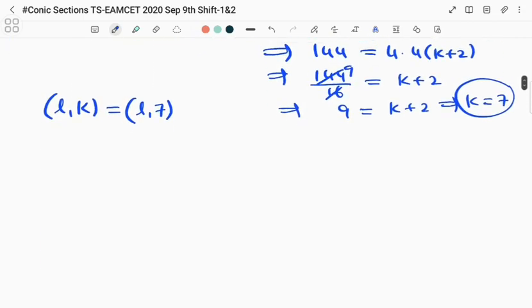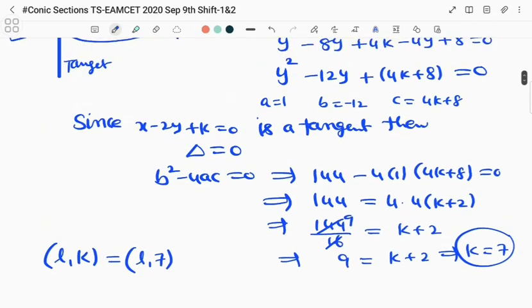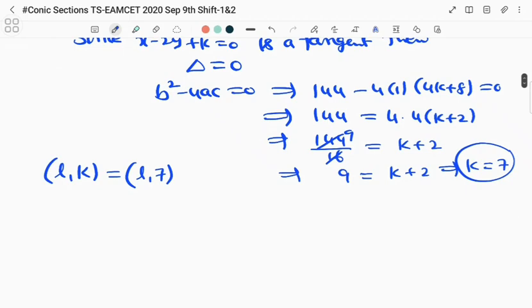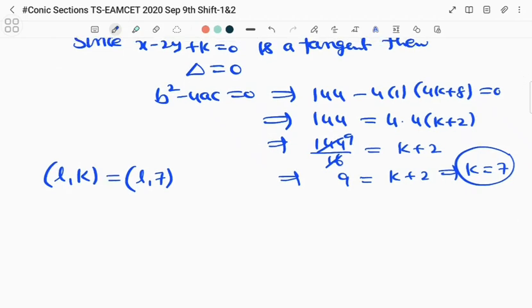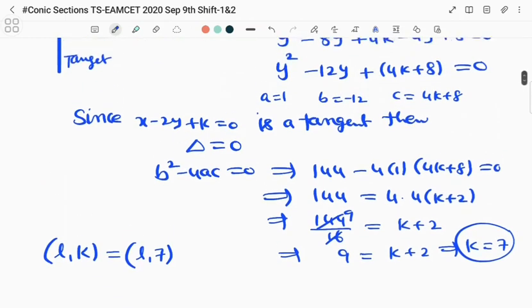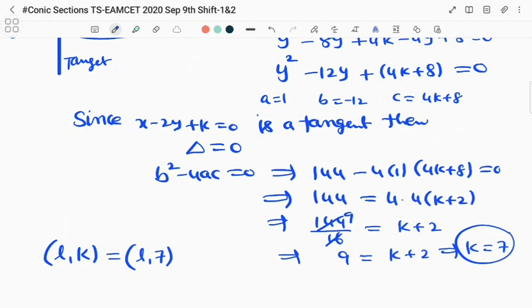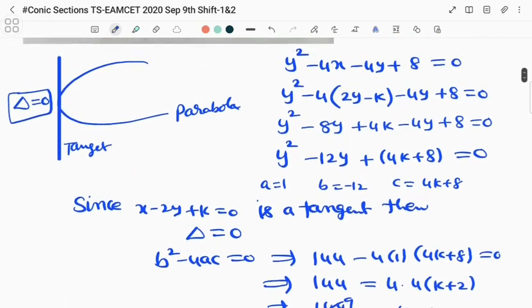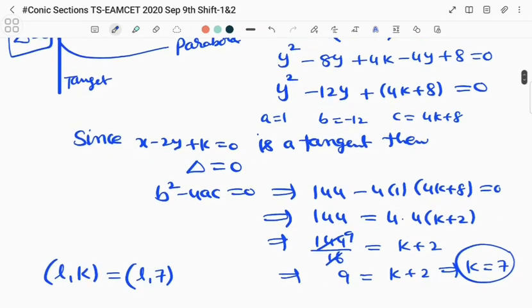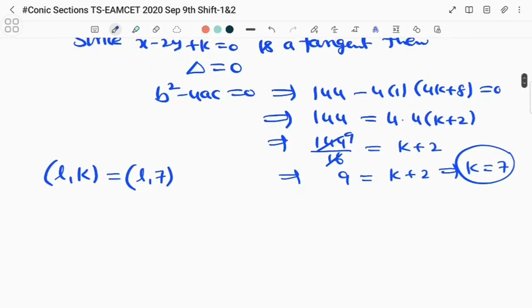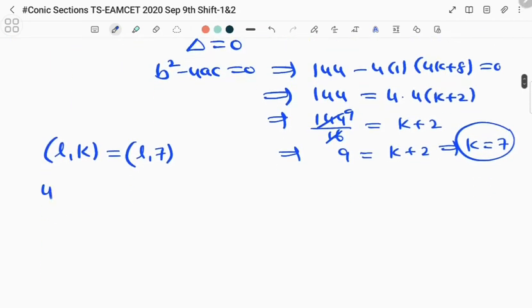So the given parabola is y square minus 4x minus 4y plus 8 equal to 0.